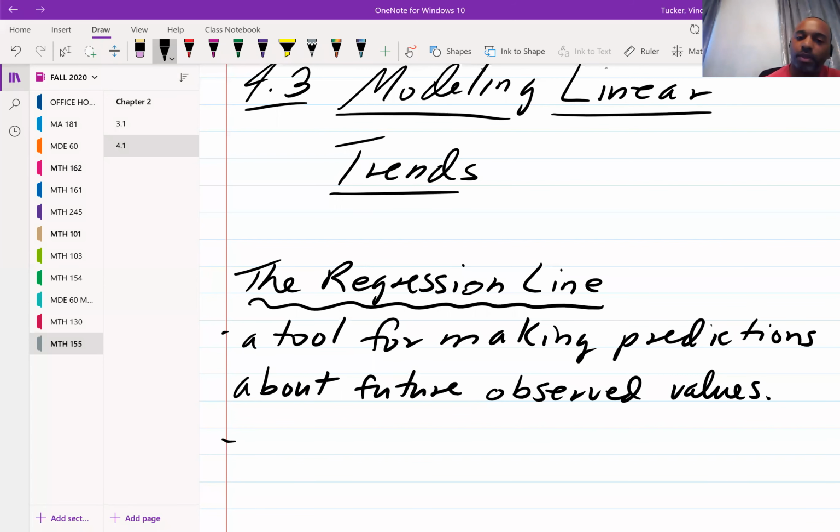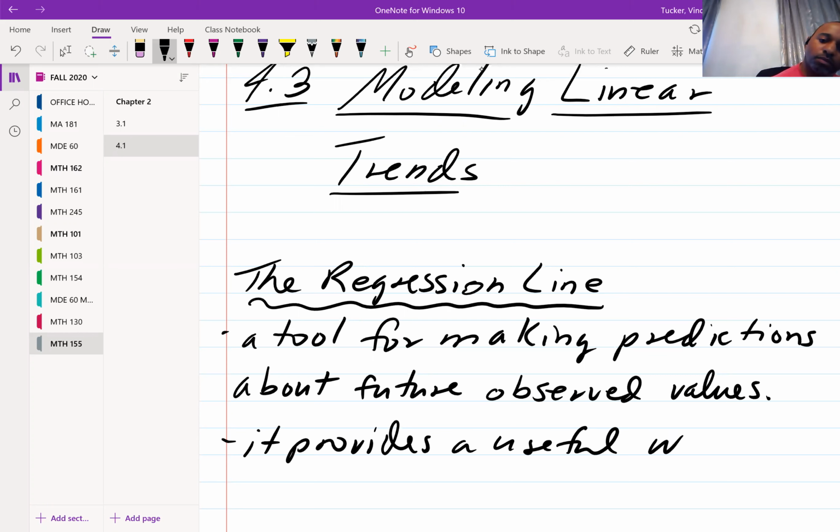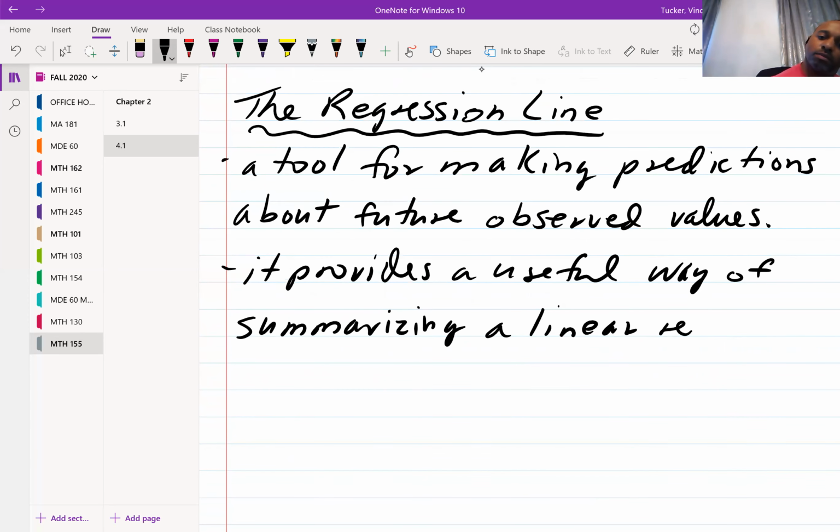It's a tool for making predictions about future observed values. It provides a useful way of summarizing a linear relationship.